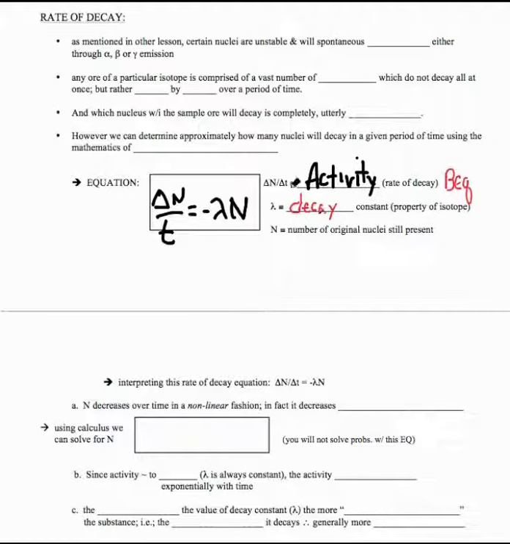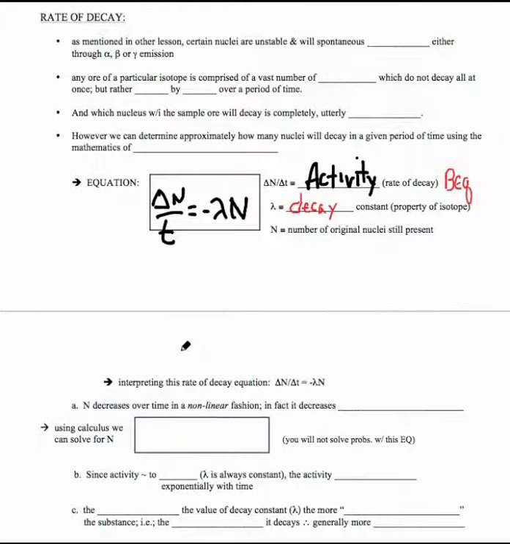It essentially is a measure of the probability that a nucleus will decay in a certain amount of time. There's nothing definite about it, but we can quantify that. And then N is the number of the original nuclei still present after a certain amount of time. Okay, so sometimes we'll get it as a whole number or even as a fraction.